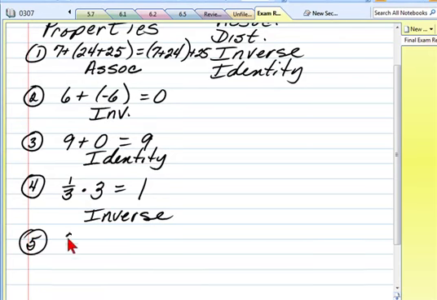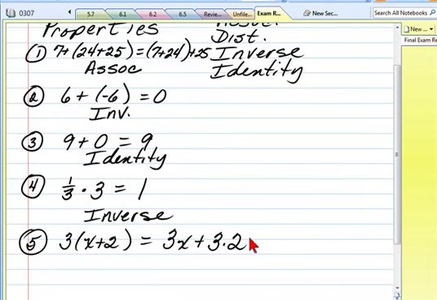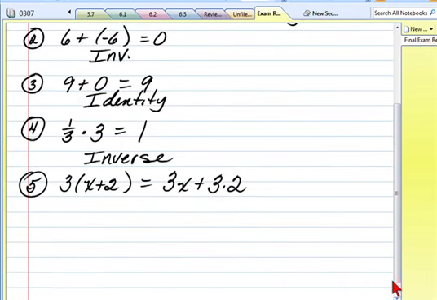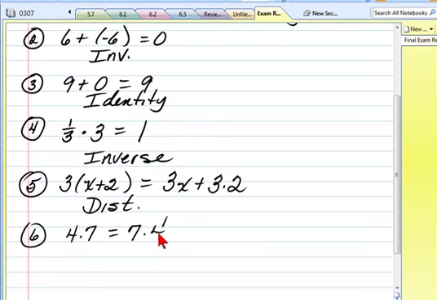Number 5 has 3 parentheses x plus 2 is equal to 3x plus 3 times 2. What have I done when you look at the left side and the right side? That's distributive. And number 6, I have 4 times 7 is the same as 7 times 4. Commutative. The numbers have commuted or switched positions.